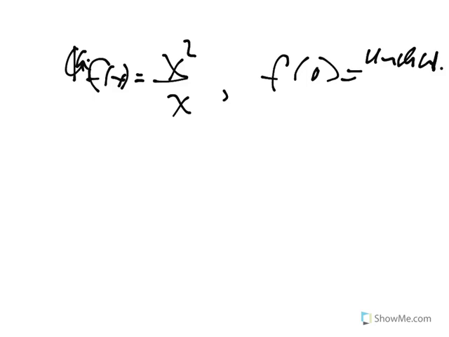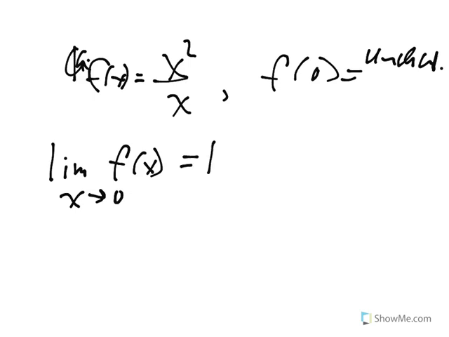But instead, we could ask something that seems like the same question, which is, what is the limit of f of x as x approaches 0? In the last lesson, it was a lot of x approaching infinity, but now it's x approaches 0.